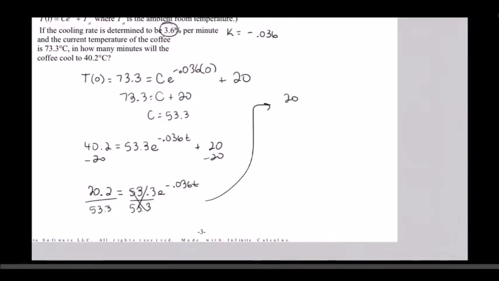So then 20.2 divided by 53.3 equals e to the negative 0.036t.